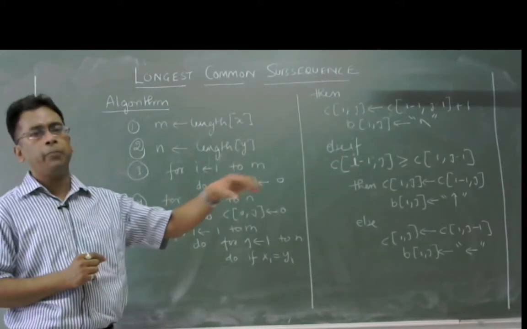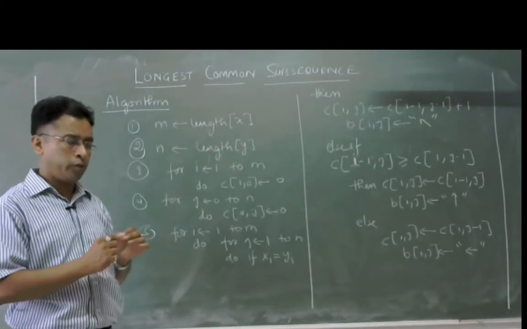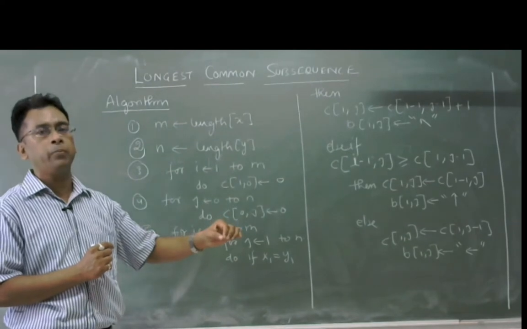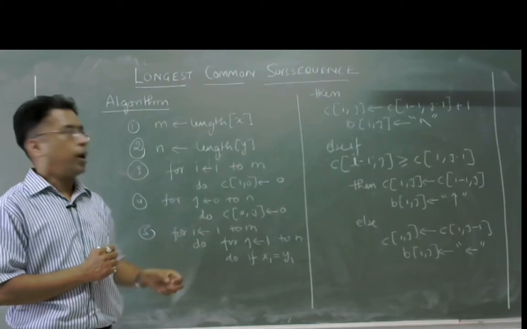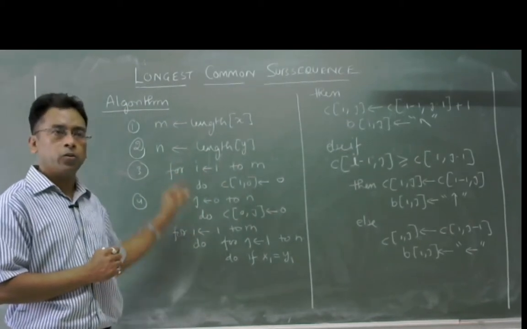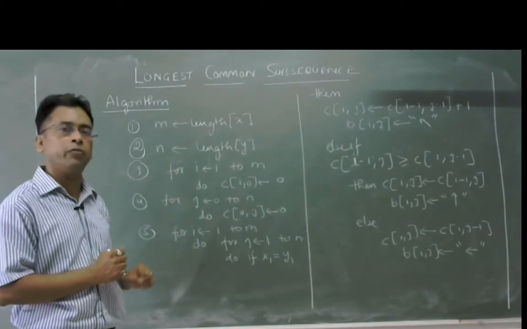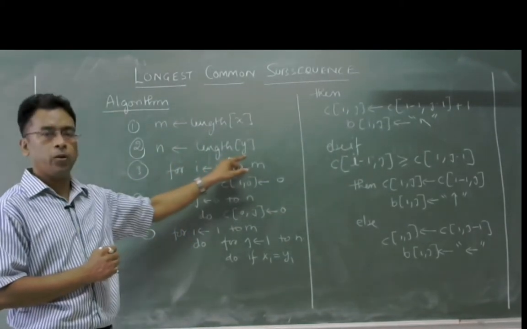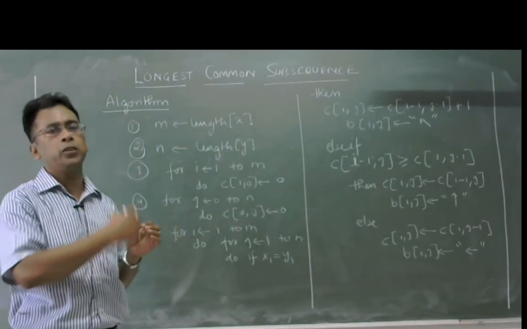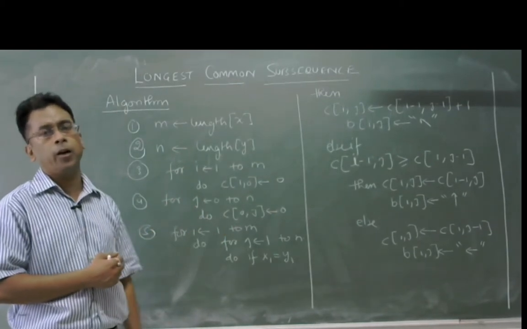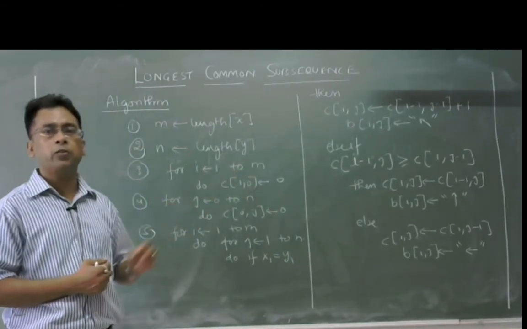Since the first string x has length m, we shall write one dimension of length m and write down the alphabets of the string x, and across the dimension of length n, we shall write the alphabets of the string y. So one string will be written along the column side and one string along the row side. After writing this, there will be a matrix of m cross n size.